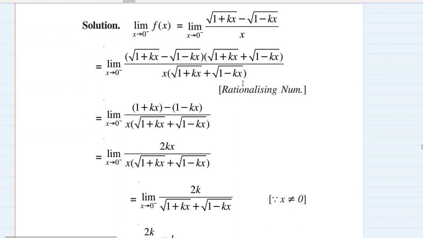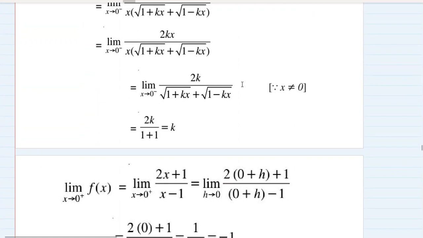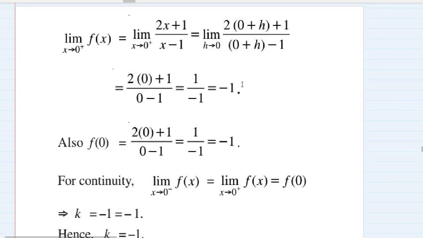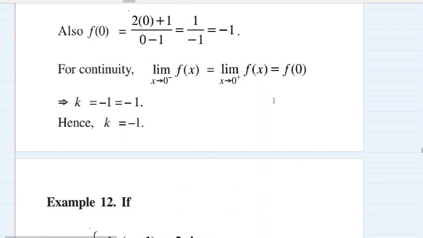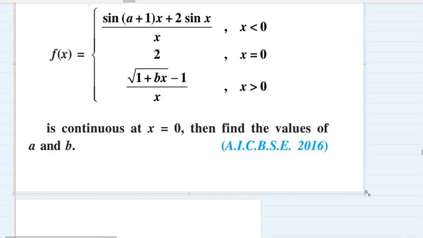First, they have rationalized the numerator and denominator, simplified it, then directly, they did not use H method, they directly simplified and found the answer in terms of k. Okay, then in the RHL, they use the H method directly in the second step, simplified, and for continuity, they equated the limits of LHL and RHL, and they found k to be equal to -1. Okay, let's do the next question.